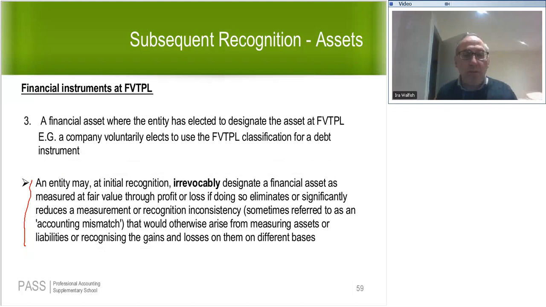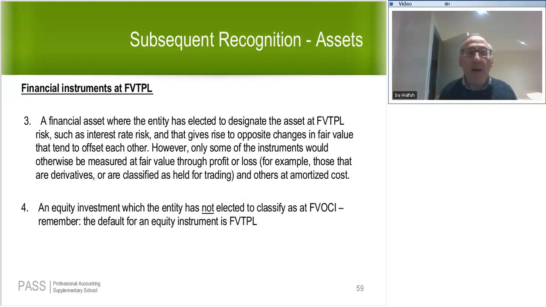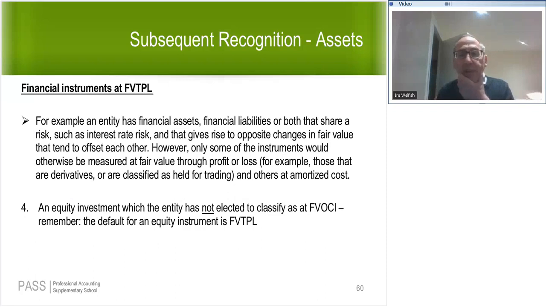Let's say you have an entity that has financial assets and financial liabilities, okay? And both of them share a particular risk, for example, interest rate risk. And this interest rate risk gives rise to opposite changes in fair value that tend to offset each other. For example, I've got a portfolio of bonds and I've also issued some debentures.